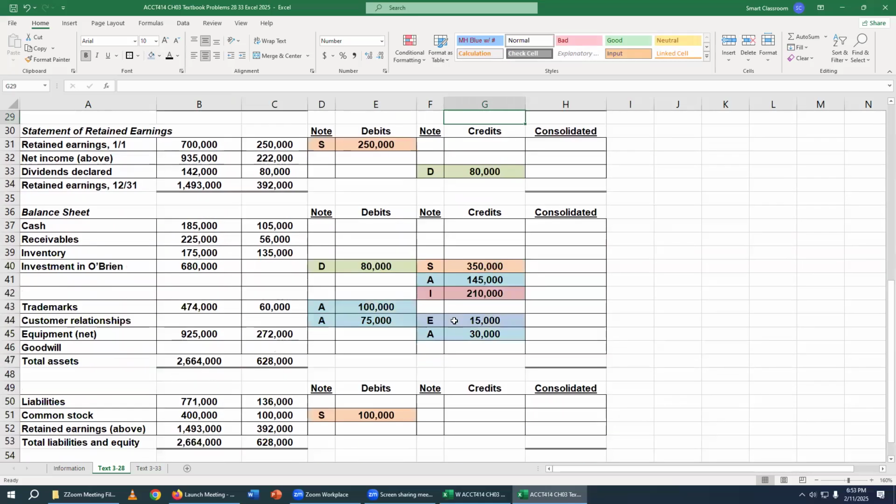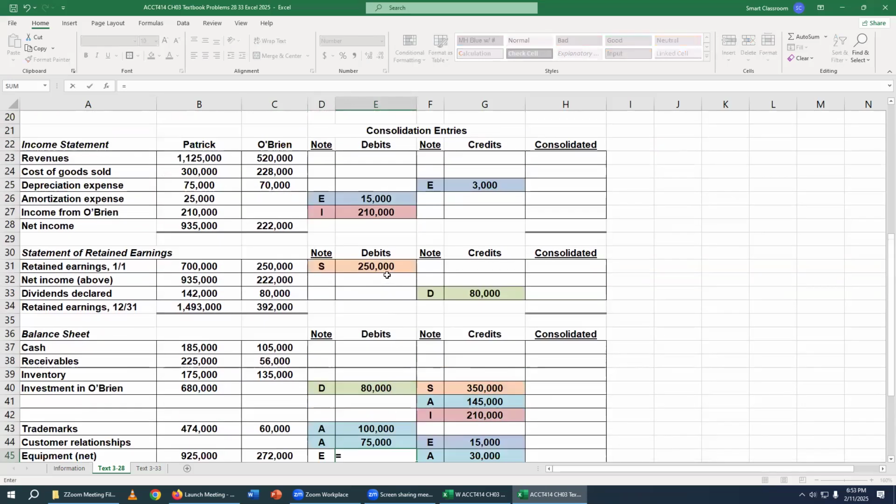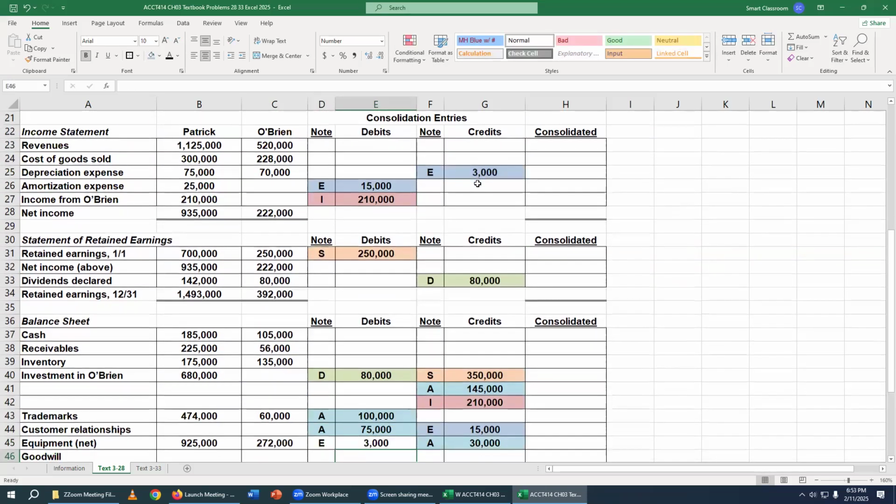And down here, I'm gonna change that because this looks funny.